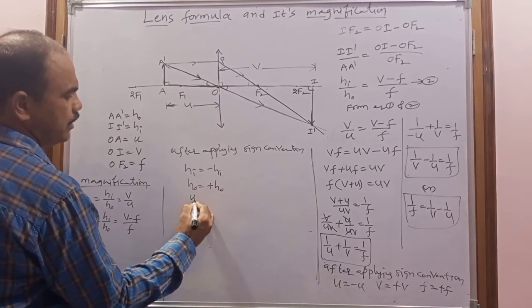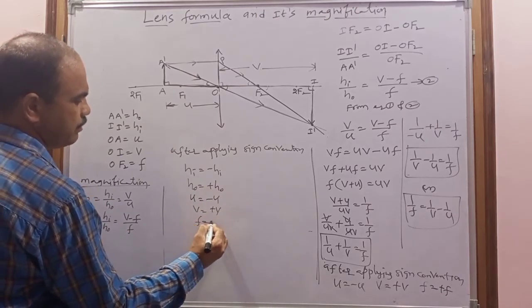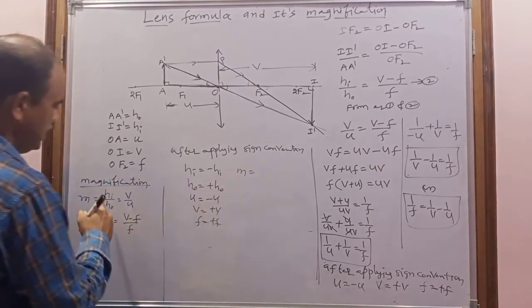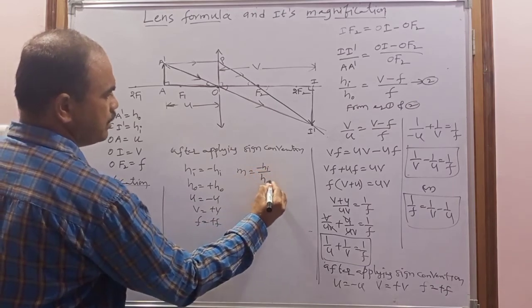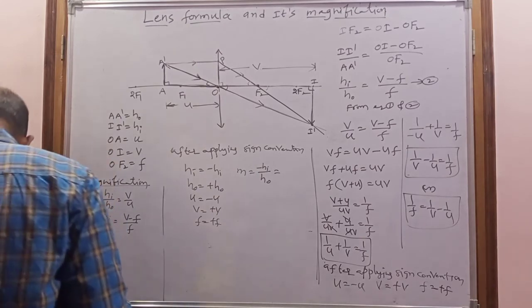And already you know that u equals minus u, v equals plus v, and f is also plus f. Substitute here. So now m equals height of the image, minus h_i, by h_o, because the height of the object is plus, it is above the principal axis.